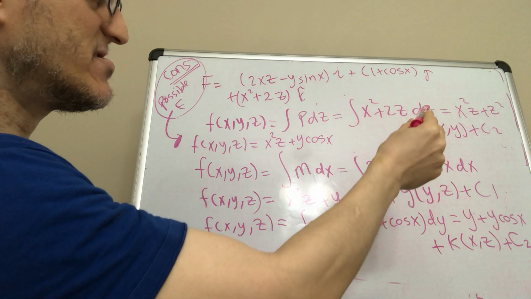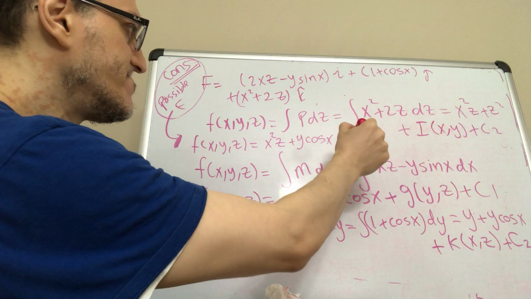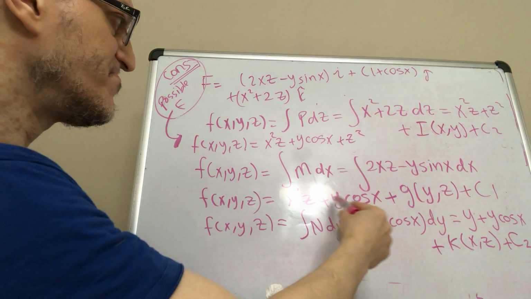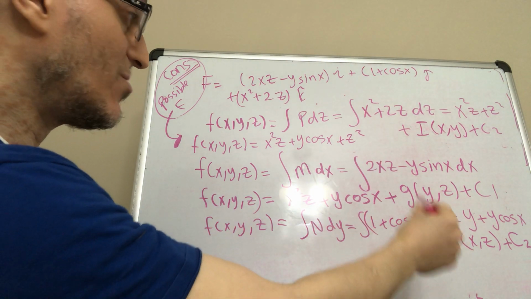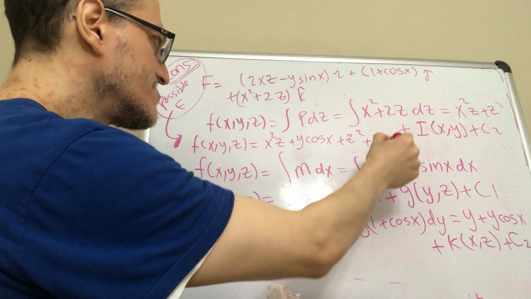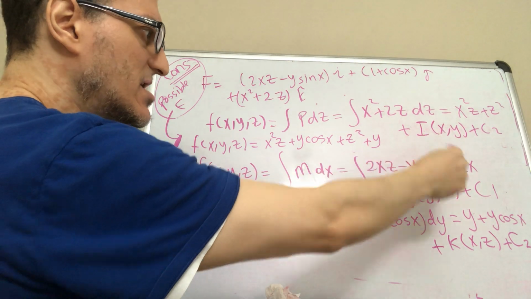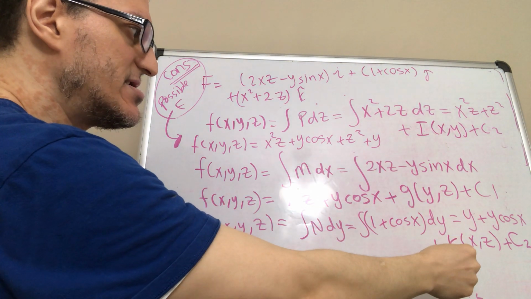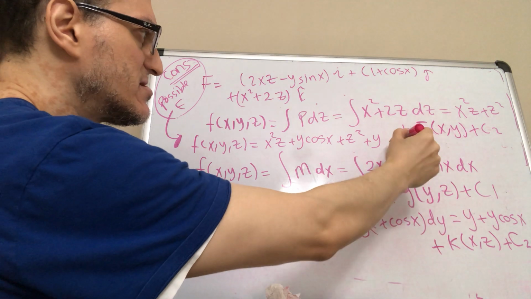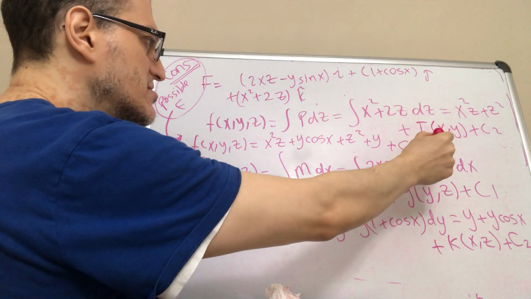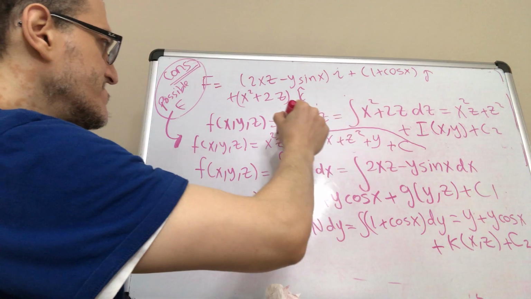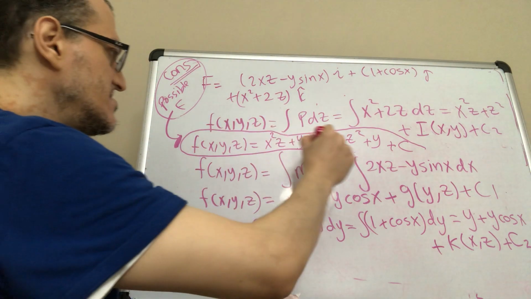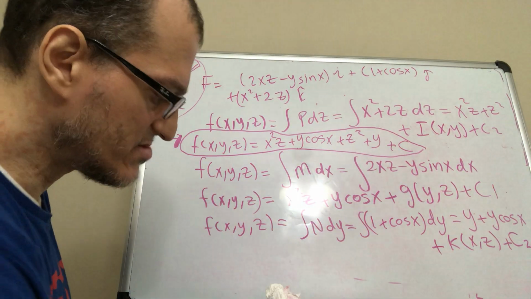The ones that are by themselves: there is a z squared, there is a y, and then what's left are these functions, the i, j, g, and k, and the constants. You combine them all into a constant called c. This here is your possible function.